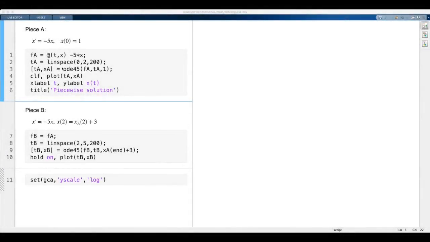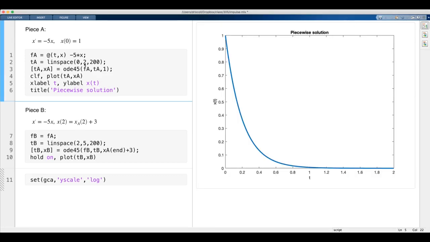So here's a computational solution of an impulse problem, the same one that I did as an example. In the first part of the solution, we just have the unforced equation with the original initial condition. So you don't even see anything happen until that impulse kicks in at time 2. So here I've solved up to time 2.